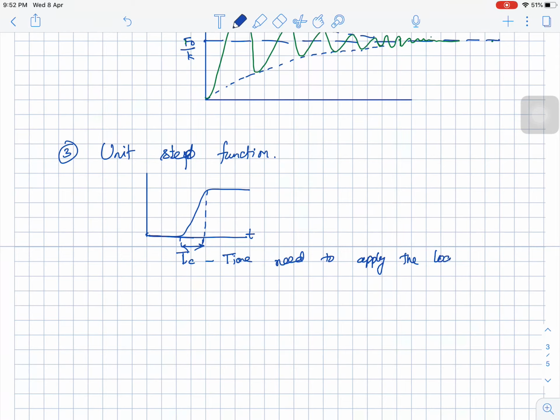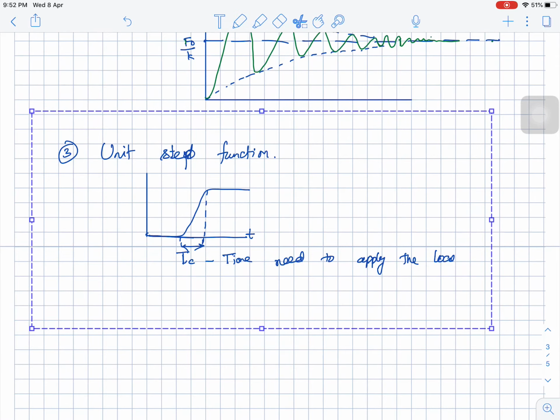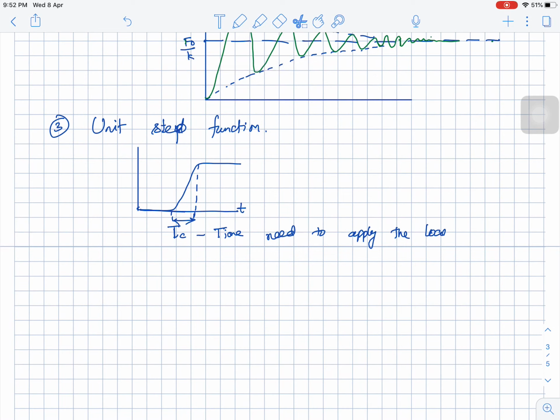So this one is equivalent to the step function when this tc is much less than the time period, which is 2 pi by omega.